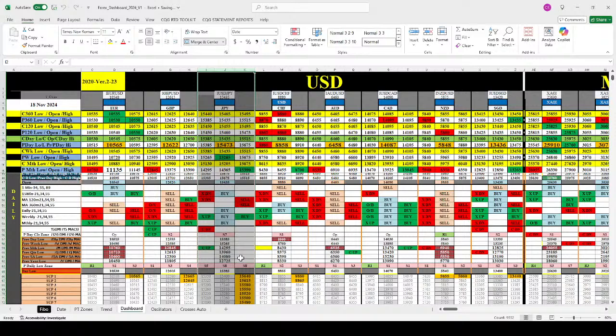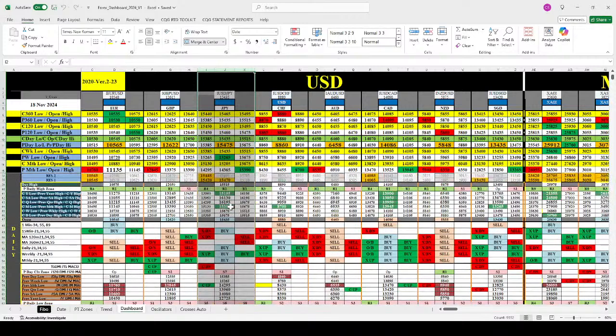Now I'm going to give you a trade identifier. That means I would go for a cautious buy near 154.20, with a stop below 153.80 because that is the current day low.